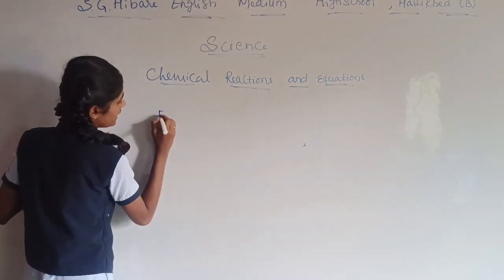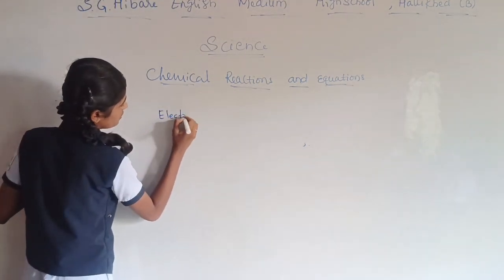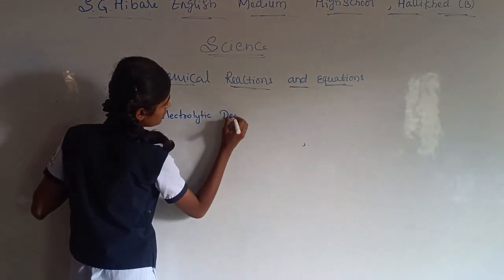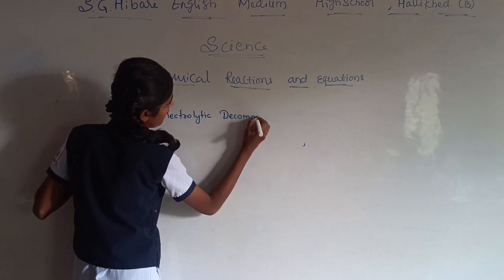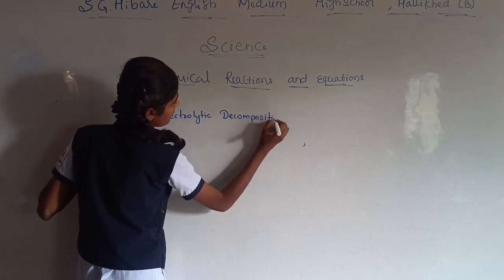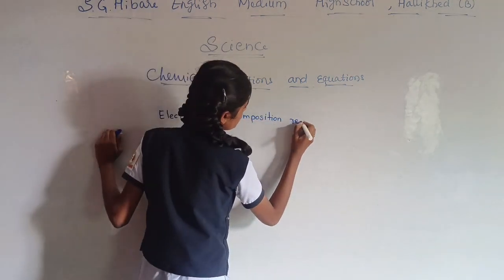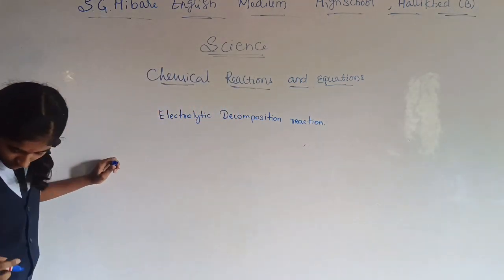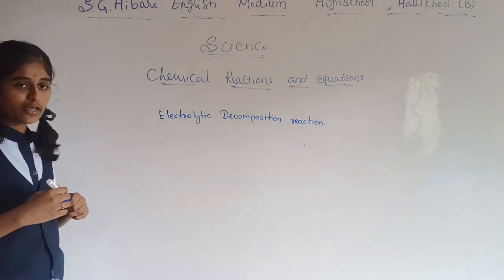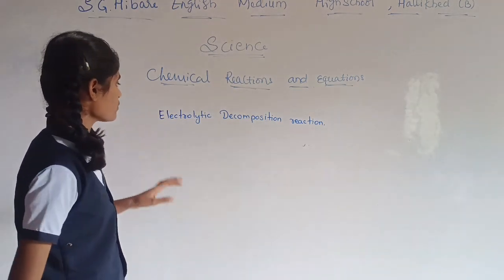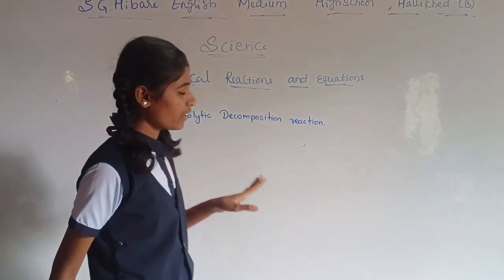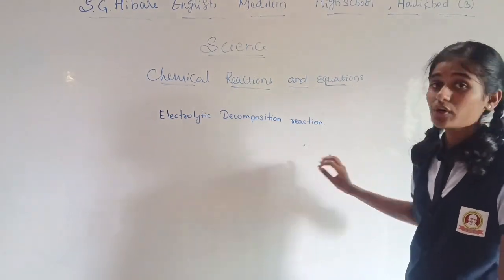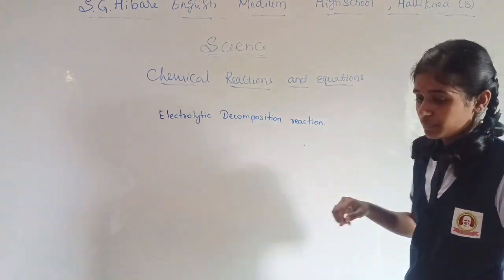Now electrolytic decomposition reaction. The decomposition is done mainly using the energy from electricity. The electricity is used here to decompose, to divide the compounds.